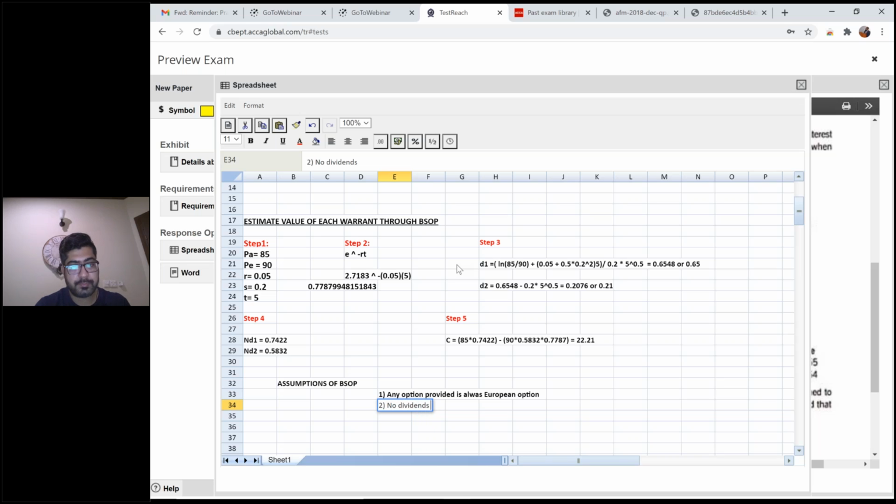Second, no dividends are paid during the life of the option. Listen to this point carefully. Let's suppose you bought 1,000 shares of a company. Please pay attention to my first example which I gave you.